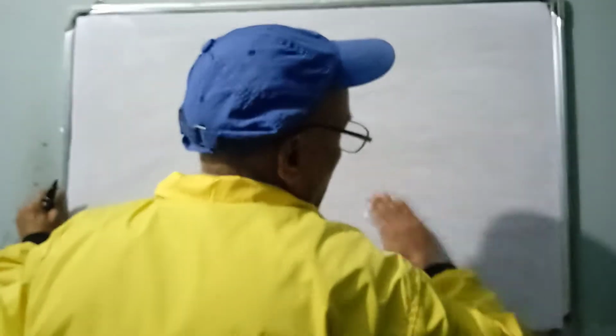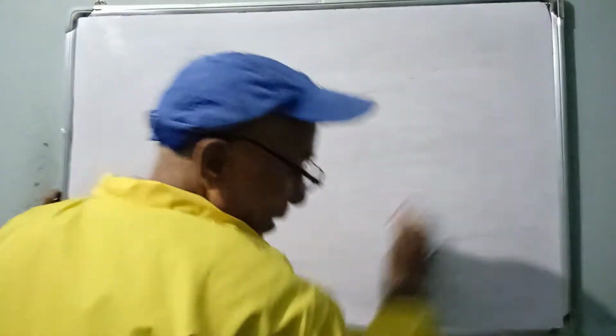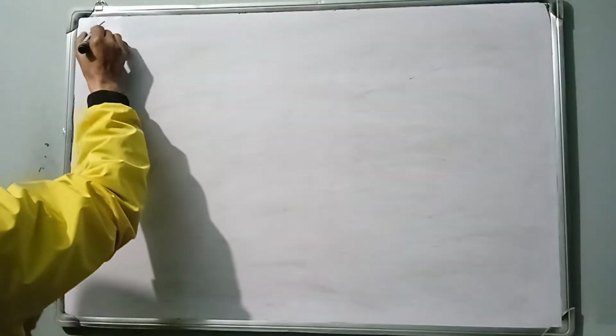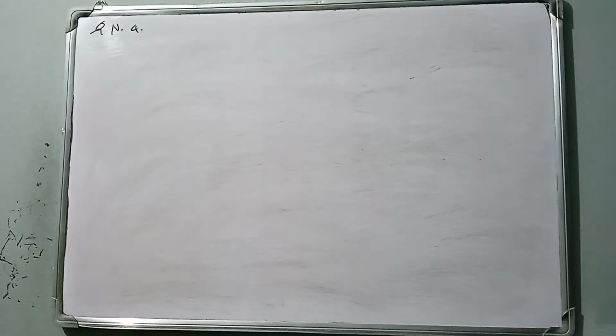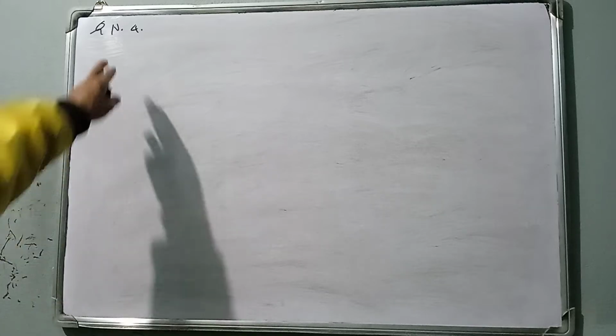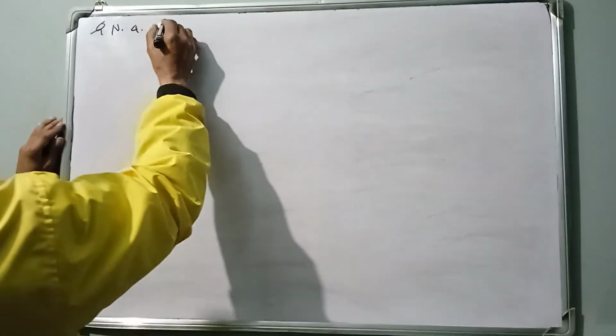Question number 4. First of all, very short questions can be written, and then you can write them. Especially for the BLE exam, basic level examination, these questions are equally important.